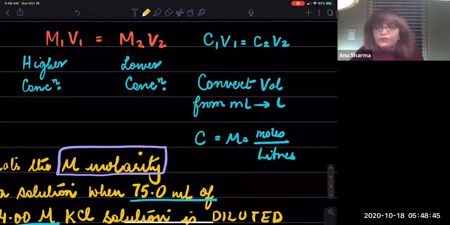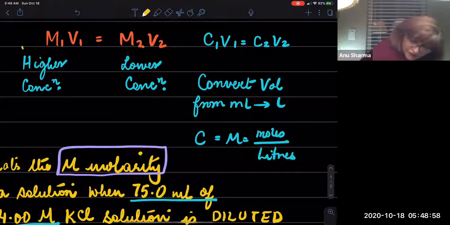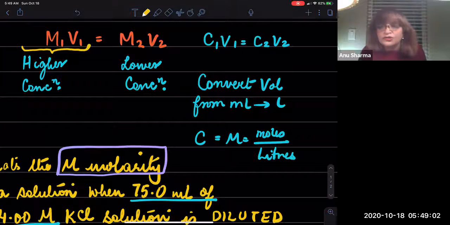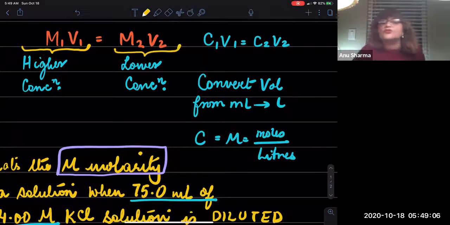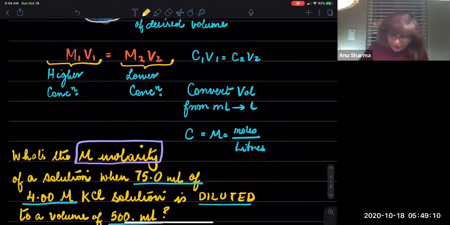Commonly, we see M1V1 is equal to M2V2, but we also see in the books C1V1 is equal to C2V2. Whatever you want to use, that's fine. Just keep in mind that on one side are going to be the values that relate to the higher concentration, and on the other side the values that relate to the lower concentration. So that's one thing. Now let's look at one problem.